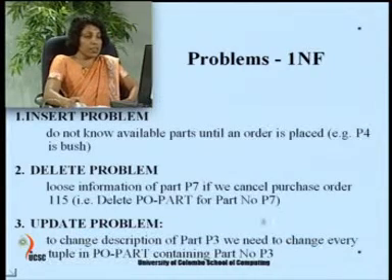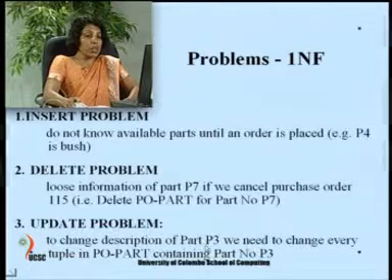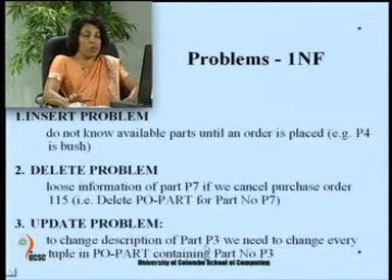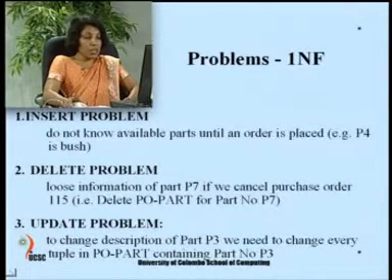And there exists update anomaly. If we want to change a description of a particular part, then we have to get all the occurrences of that part and then perform the update process.